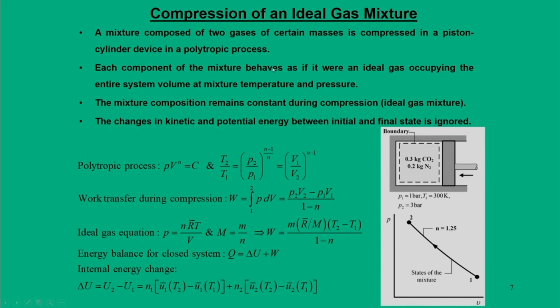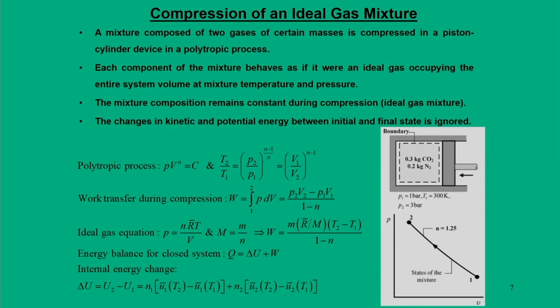Compression of an ideal gas mixture means, for the sake of an example, that we have a piston cylinder device which contains a certain gas. Here I have written some mass of carbon dioxide and some mass of nitrogen, and this mixture is being compressed by this piston.